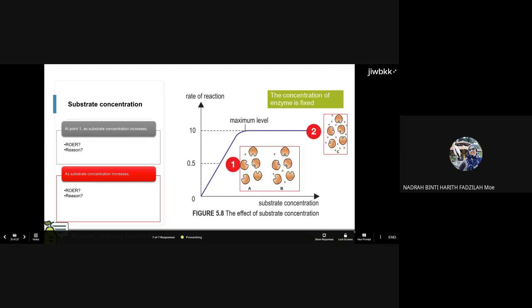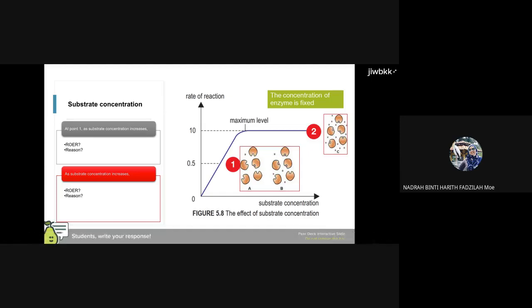So instead of 5, maybe we have to add to 6, 7, 8, 9, 10 enzymes in one reaction. So that is what is meant by enzyme concentration has become a limiting factor.